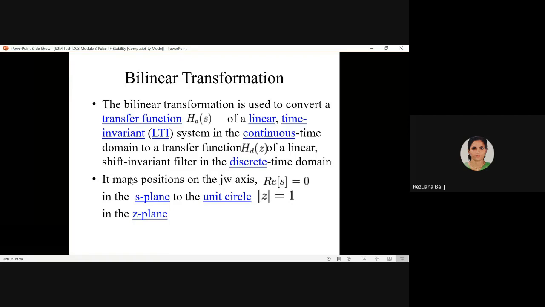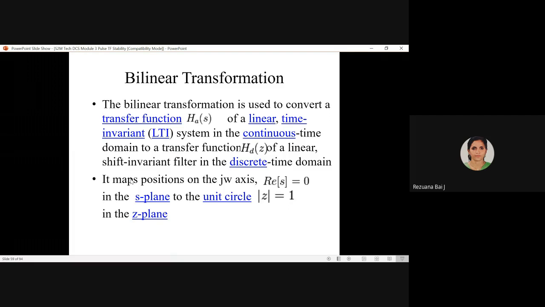When you take ln of e to the power sT, you will get sT, where s is the variable in the S domain and T is the sampling period, as you know. On the left hand side you also need to take ln of z. Otherwise you cannot write it. So ln of z is equal to sT, and from that you get s equal to 1 over T ln of z.